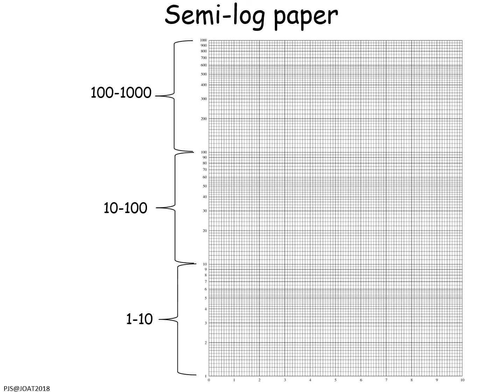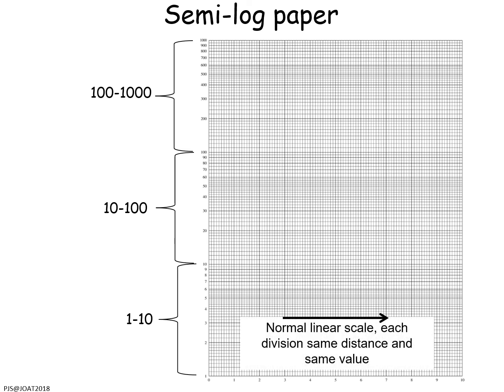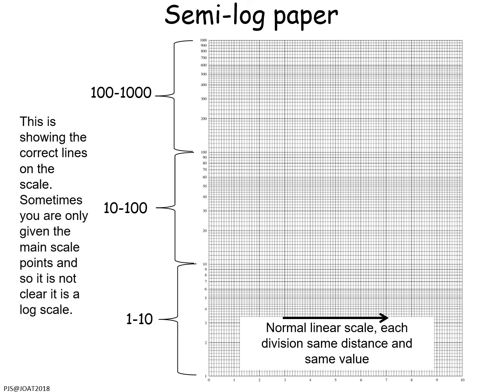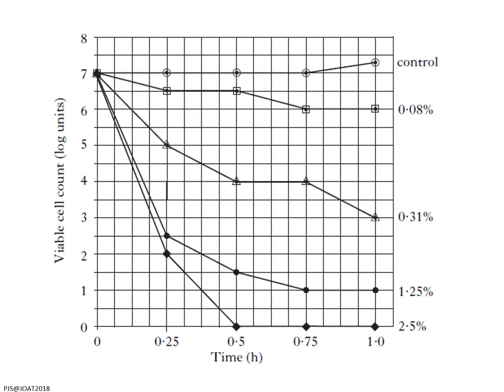Going along the x-axis is nice, simple, straight, 1, 2, 3, 4, 5, 6, 7, 8, 9, 10. Normal scale that way. This one is actually showing correct lines, and you'll notice that the gaps get smaller as you go up. But sometimes you're only given the main points on the scale, so you might just be given 1, 10, 100, 1,000. You have to look out for them and be sure that you know what you're looking at. Here we have a log scale, but it's not given in a nice way.